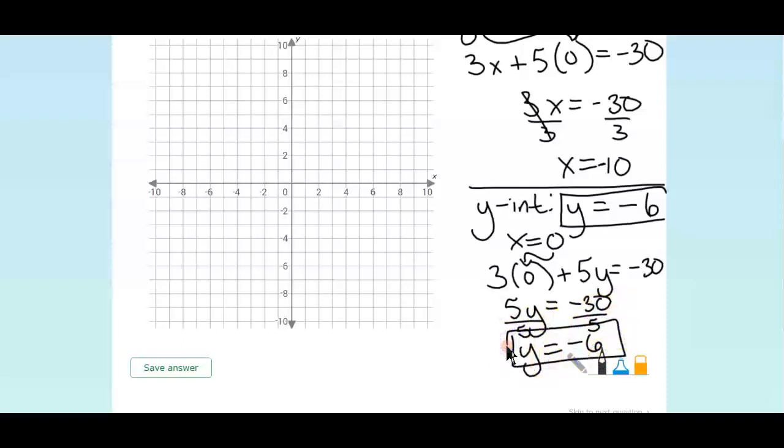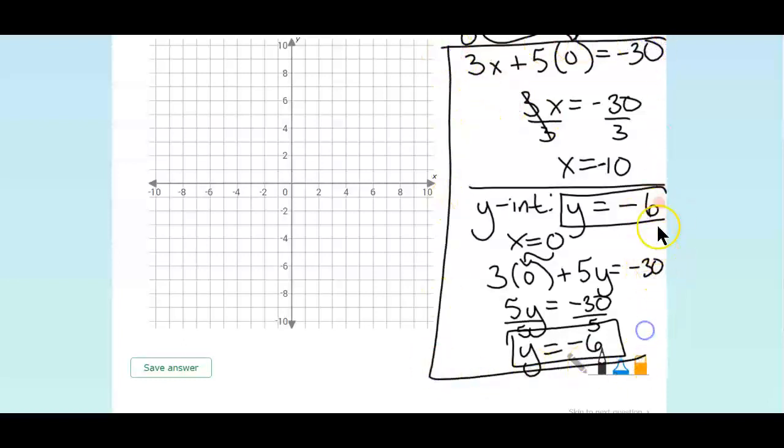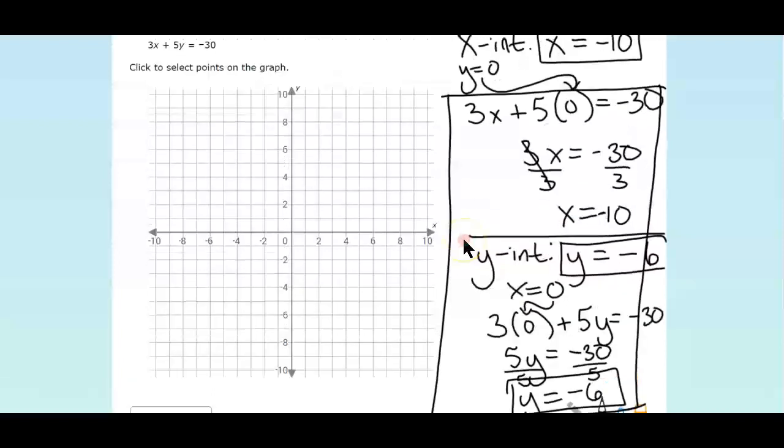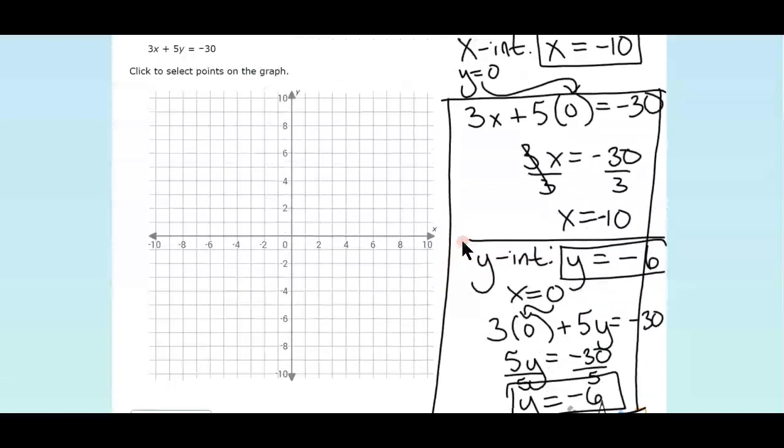You can check your answers and your work against that. This together makes up appropriate work to get full credit on a question, other than the graphing.